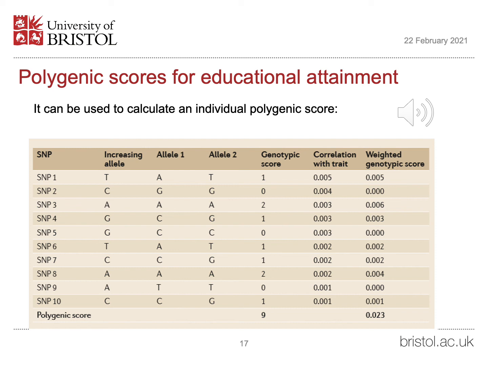Added together, we get a total polygenic score of 9. However, this is weighted by looking at the correlation of each SNP to the phenotype, and then this is used to produce a weighted genotypic score by multiplying the correlation with the genotypic score for each allele.